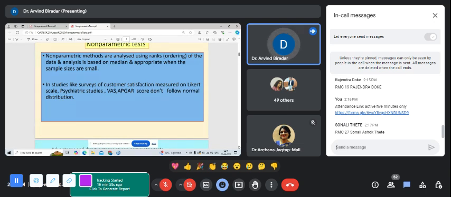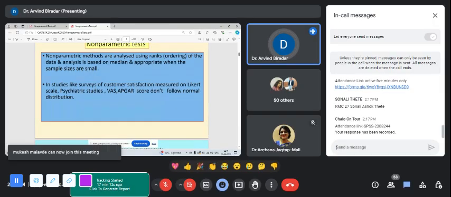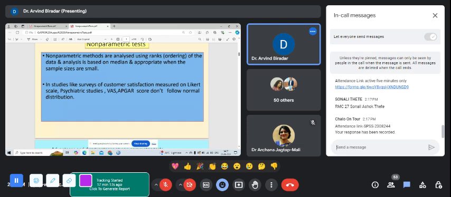The next point: non-parametric methods are analyzed using ranks, that is, the ordering of the data. Analysis is based on the median, appropriate when sample sizes are small. Can anyone say what is a small sample and what is a large sample?